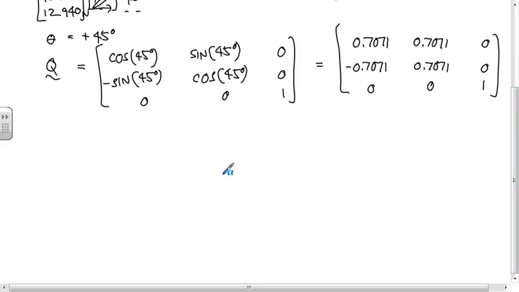Yes, if the one is indicated like a unit vector in the z direction. Yep, that's right. These are all unit vectors. If you take the magnitude of this vector, you get 1, this one you get 1. And whatever axis you're rotating around is always going to show up as 0, 0, 1 because that doesn't change.